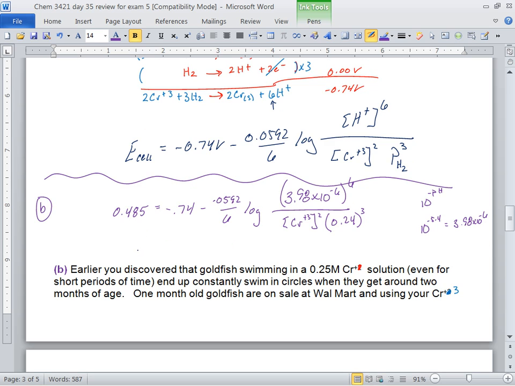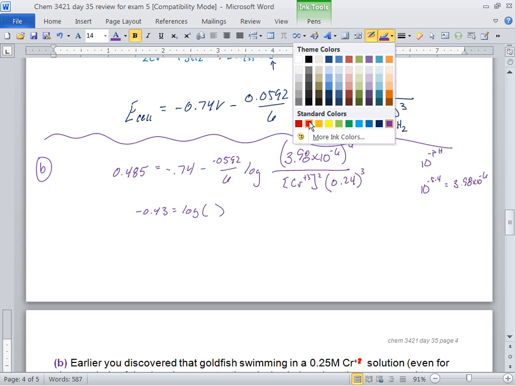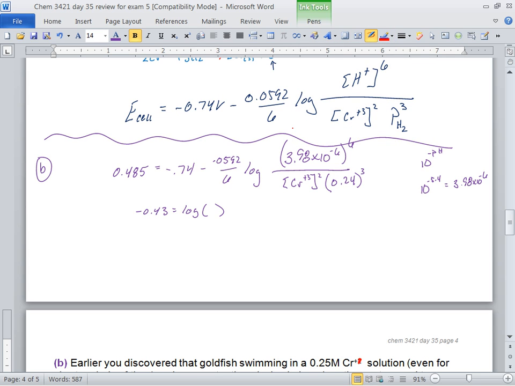Let's write some intermediate steps here. Equals that mess. Not log. Log's gone.